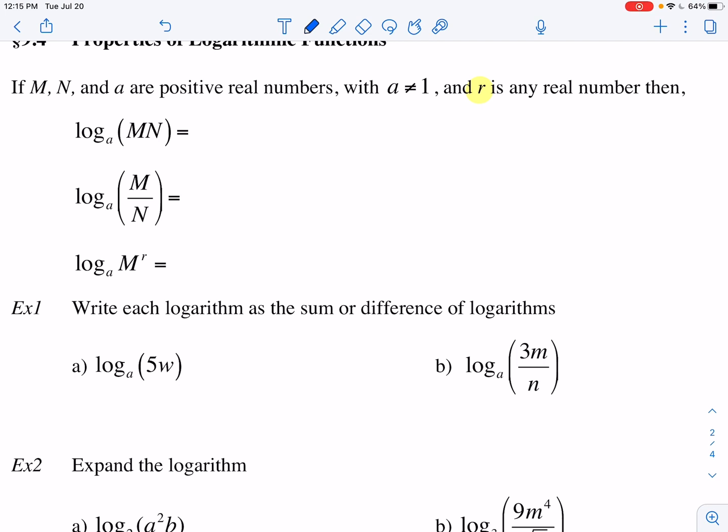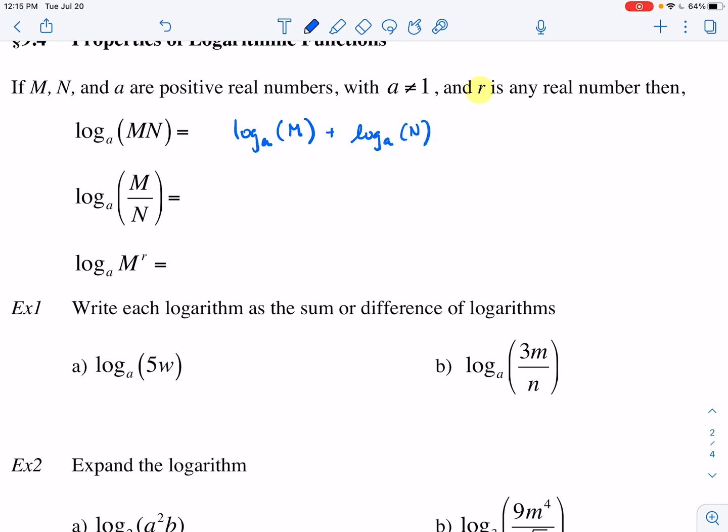So if we take the log base a of a product of two positive real numbers, then it turns out that we can actually expand this, kind of sort of like distribute, but not really. I wouldn't want to use the word distribute, but this becomes log base a of m plus log base a of n.